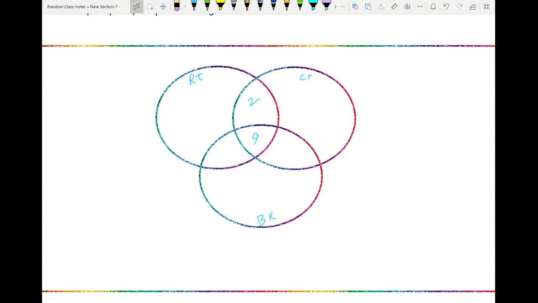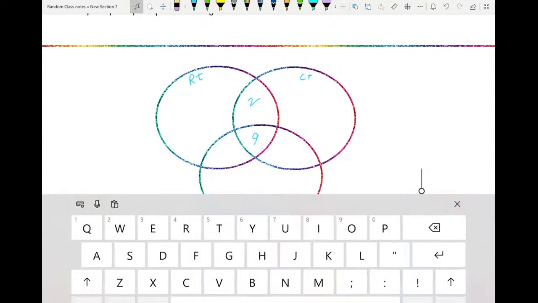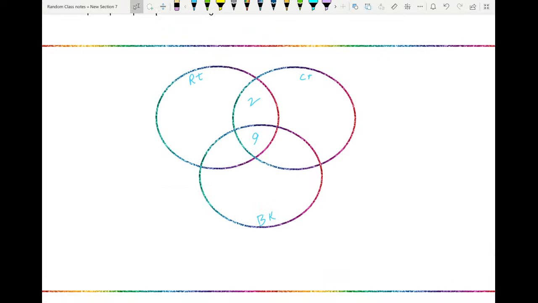And now let's look at the next one: 22 played blackjack and craps. Blackjack and craps is this region right over here. Can you see what I'm doing?